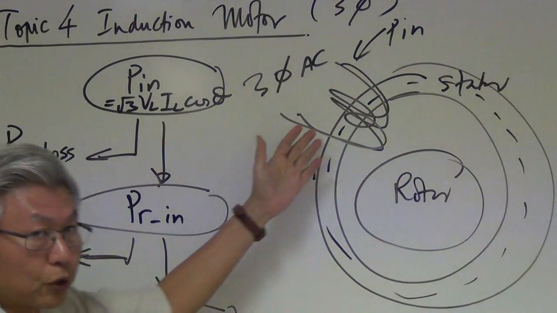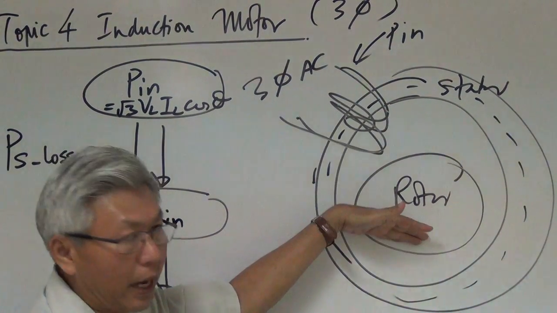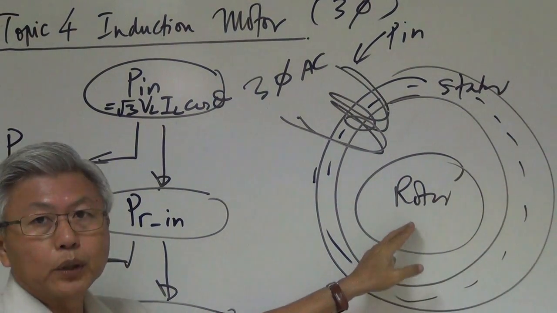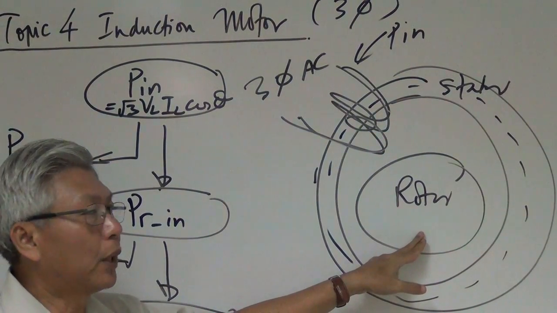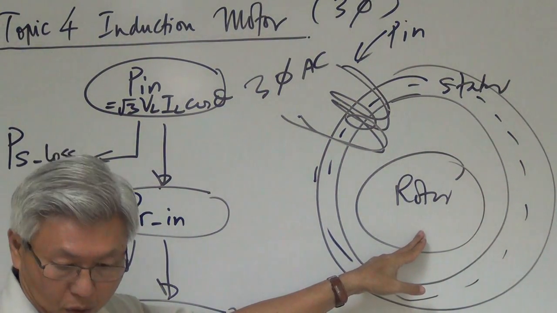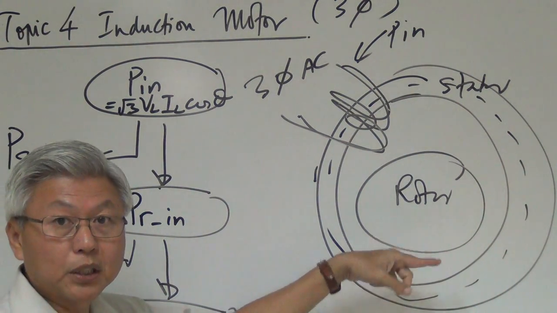Right? So it's about transferring of energy. Input power goes to the stator, take away the losses, the rest is transferred to the rotor. And again, the rotor would have losses. You would have your rotor copper loss, your rotor iron loss. Alright? But the more important loss in the rotor is the copper loss because of the wire.